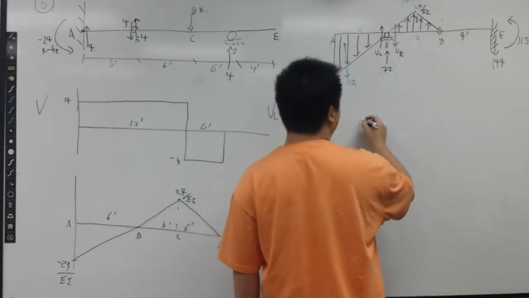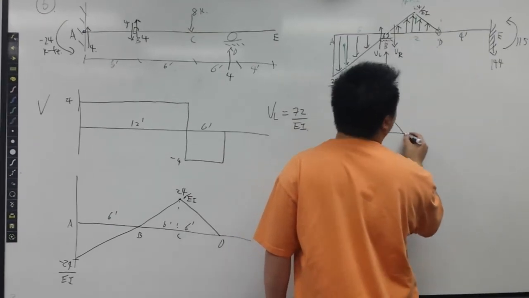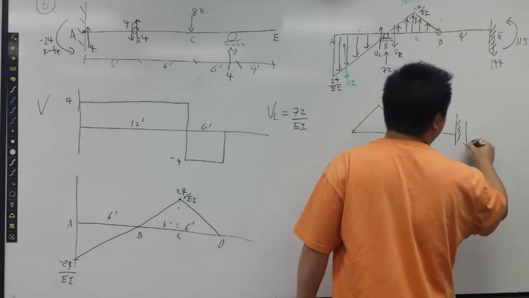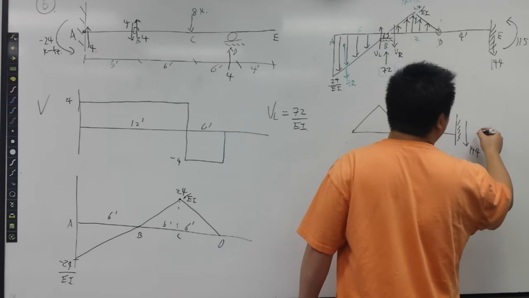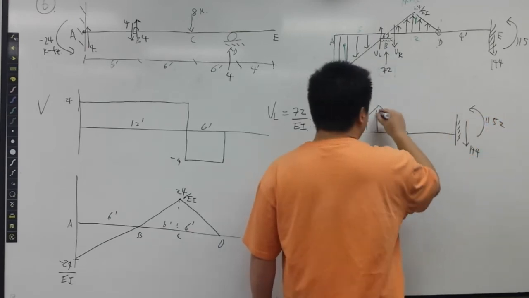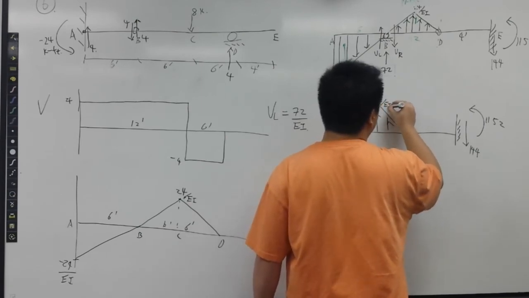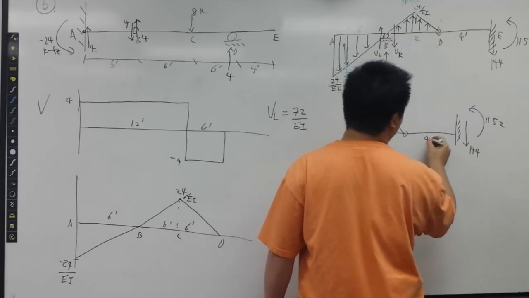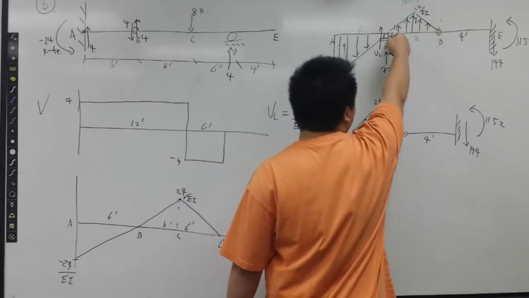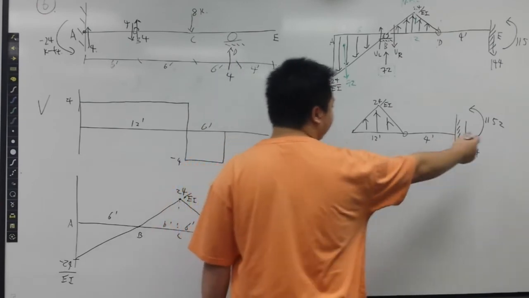So we're going to have this over EI. Here's 12, here's 4. So, same thing. We want to find the slope after the hinge B. Slope is shear. So, find the shear for this thing.